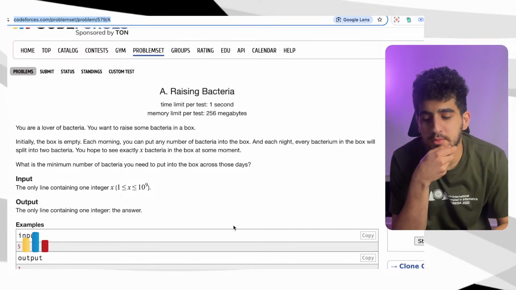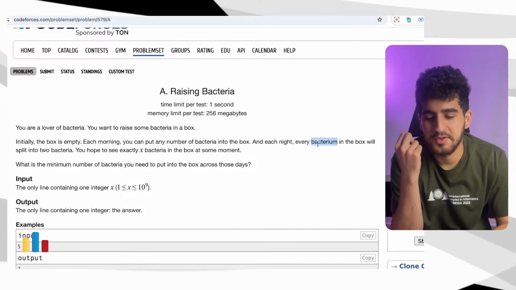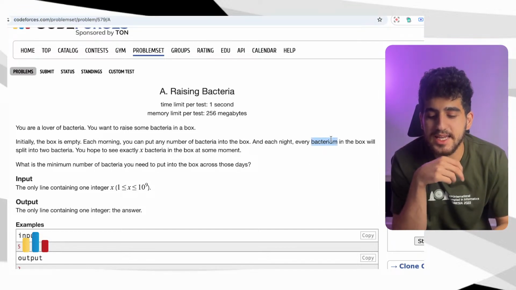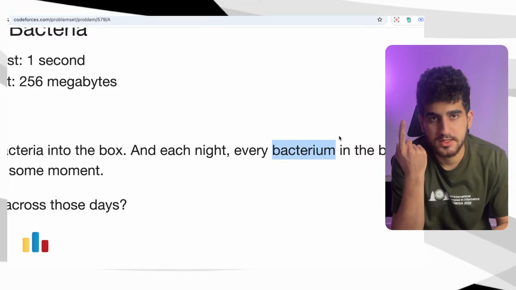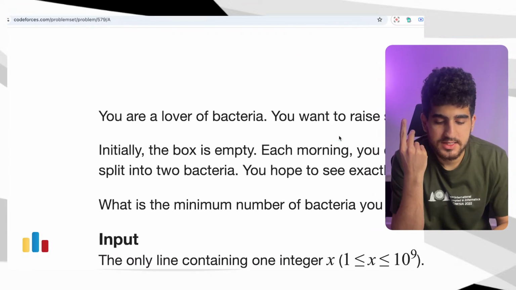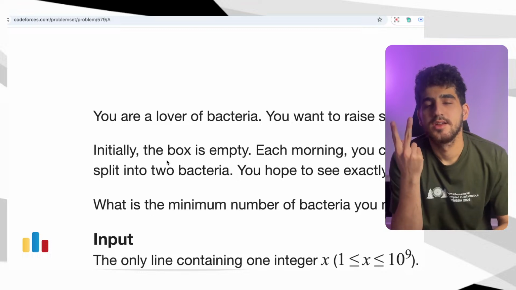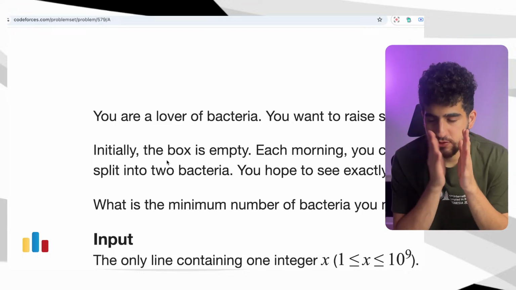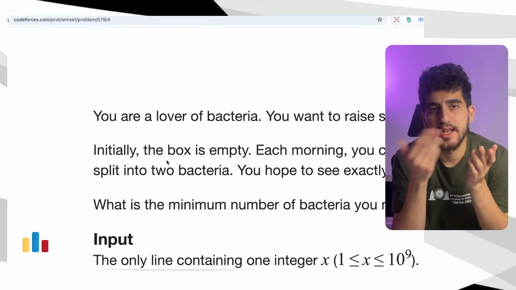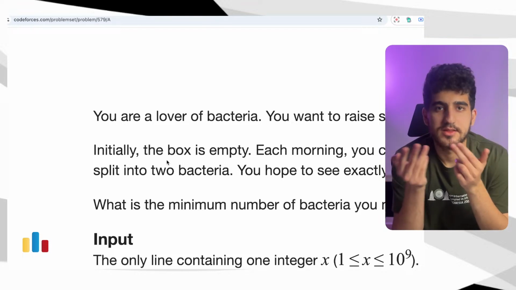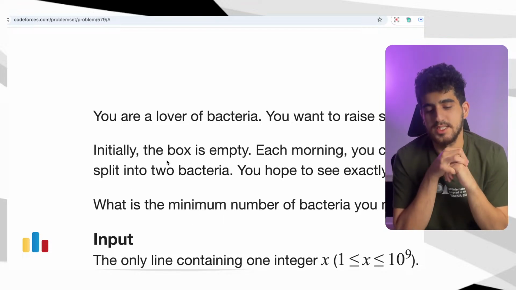Each bacterium, I mean the single form of bacteria is bacterium, each one bacterium will split into 2 bacteria each day. So if today you have X bacteria, the next day you have 2X bacteria. Okay, this is the formula.